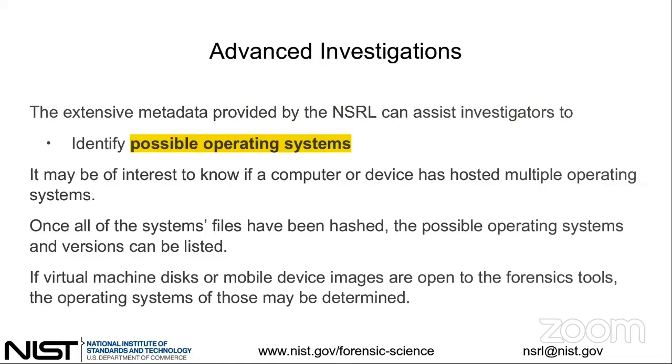Once all of the system files have been hashed, it's possible to run those hashes through a database query, through a filter of the RDS, and actually find out that this was a Windows 10 machine that you imaged, that you captured. But why does this person have several versions of Linux apps on it, within this particular virtual machine? They claim not to be technically competent for that kind of thing, but here it is.